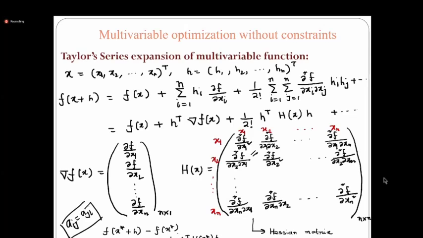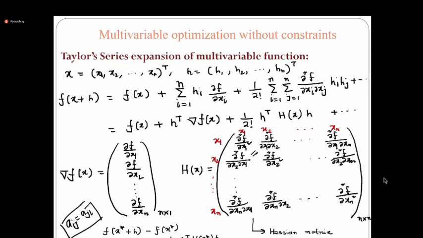And what is the meaning of quadratic form? The meaning of quadratic form is that the power of h always comes out as power 2.